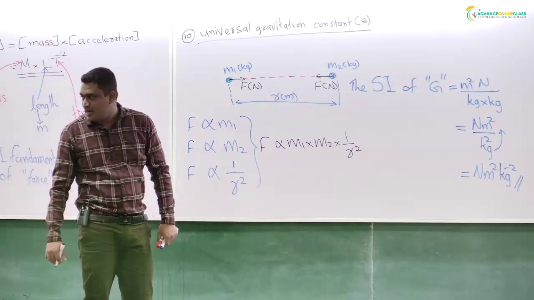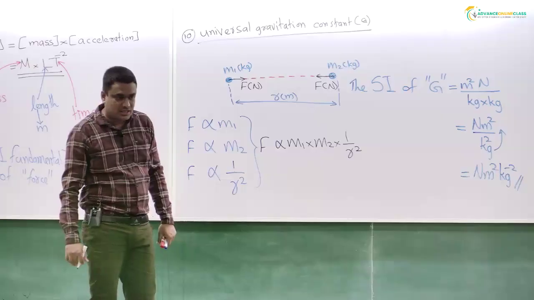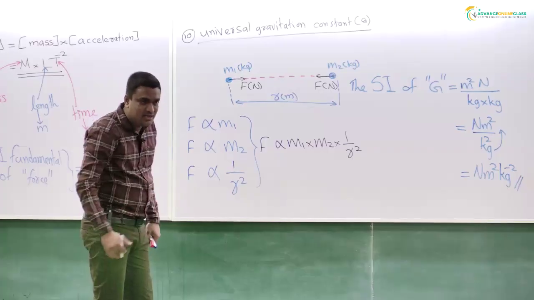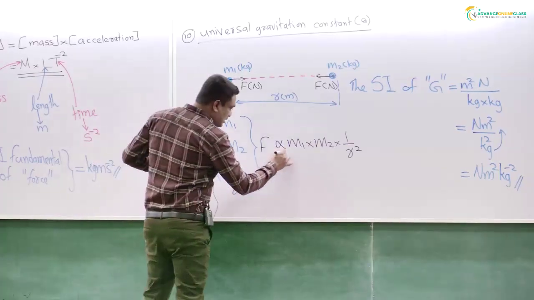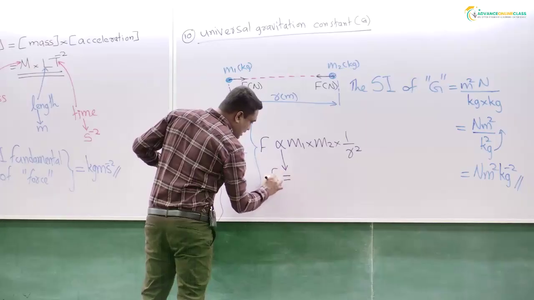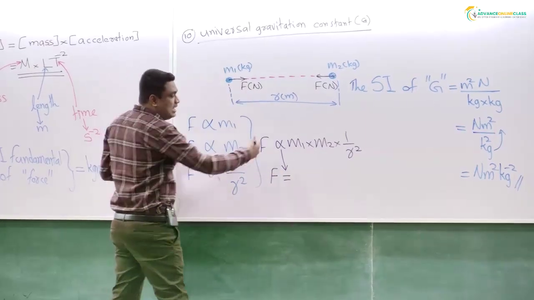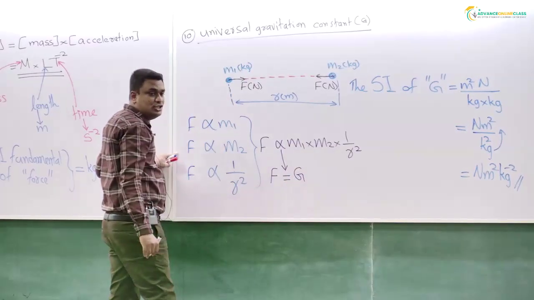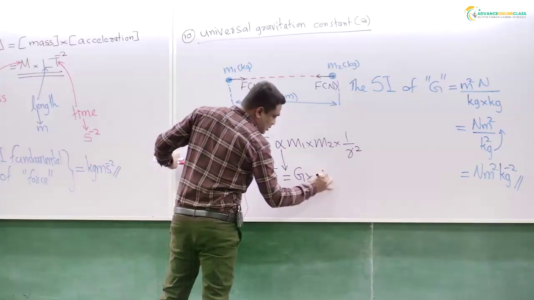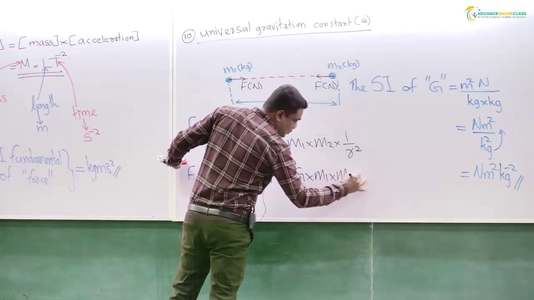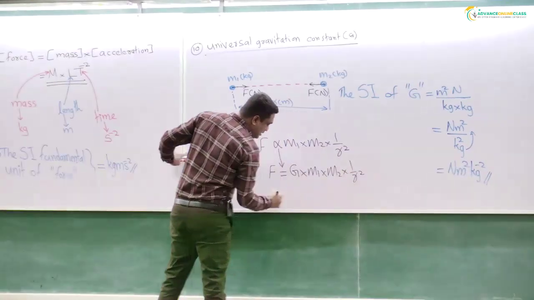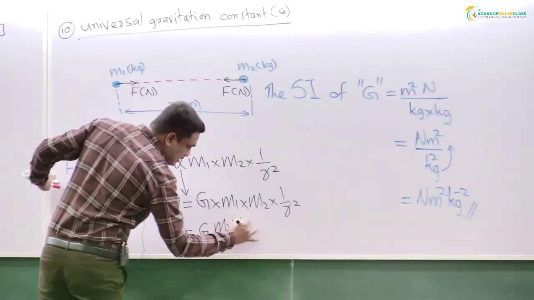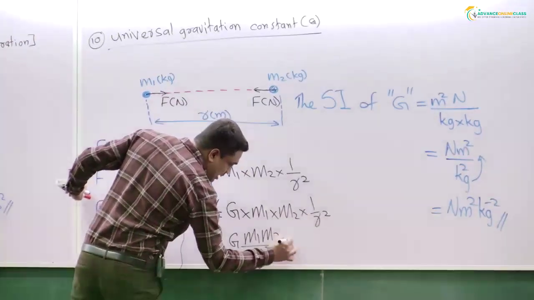How do we do such a conversion? Multiply by a constant. The constant is capital G. So capital G into M1, M2 into 1 over R square. This can be written as F equals G M1 M2 over R square.